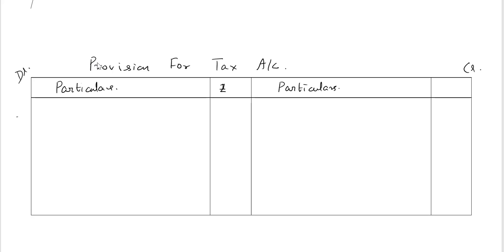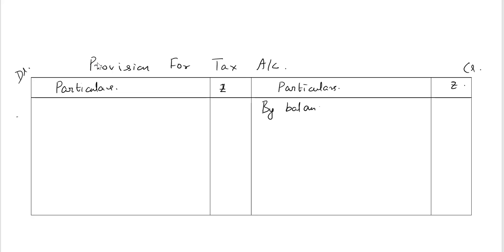Next, provision for tax account. Left side debit side, right side credit side. We have particulars, rupees, particulars, and rupees. The opening balance of provision for tax being a liability, it will come on the credit side.